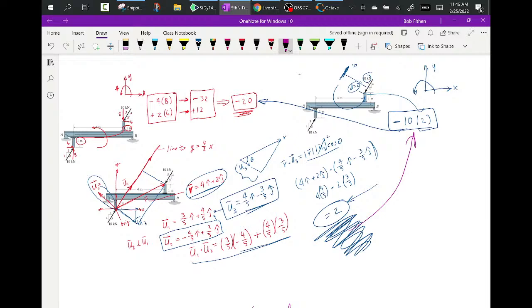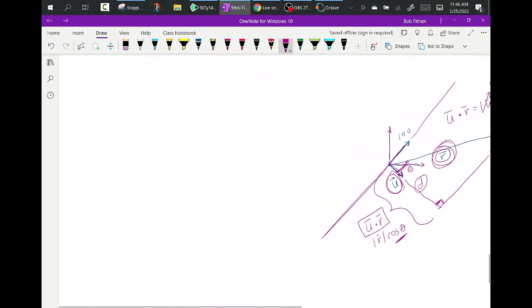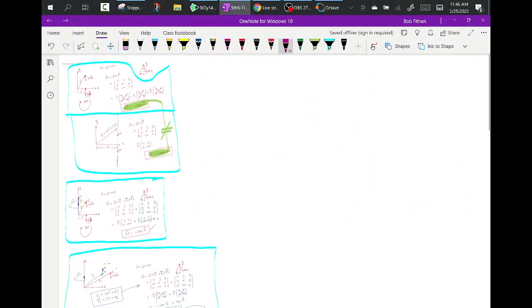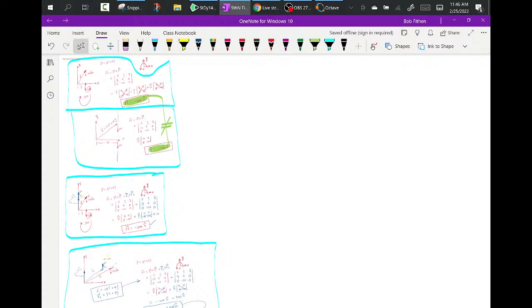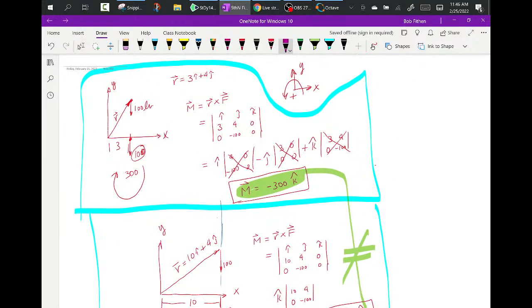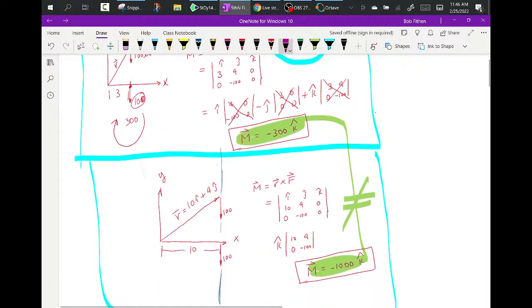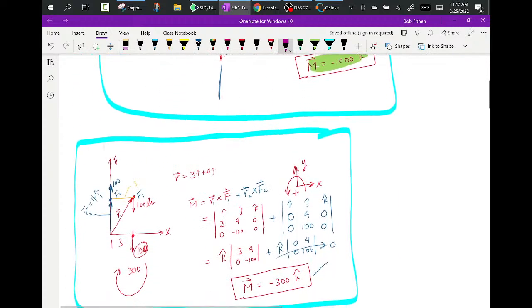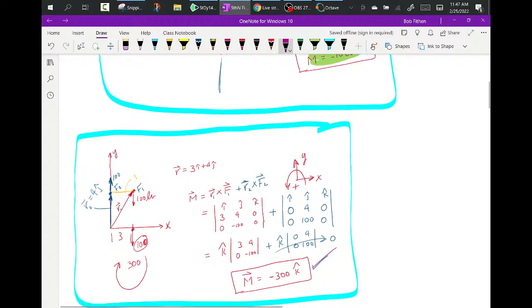Okay, so what we did, we covered couples. The first thing we realized is that if we move a force just anywhere on the plane, just move it over, you get a different moment. Then we realized if we threw another opposing force a distance away, we found the moment due to both forces.